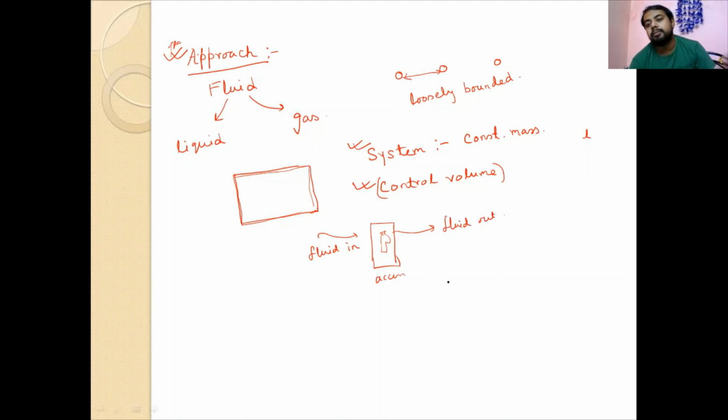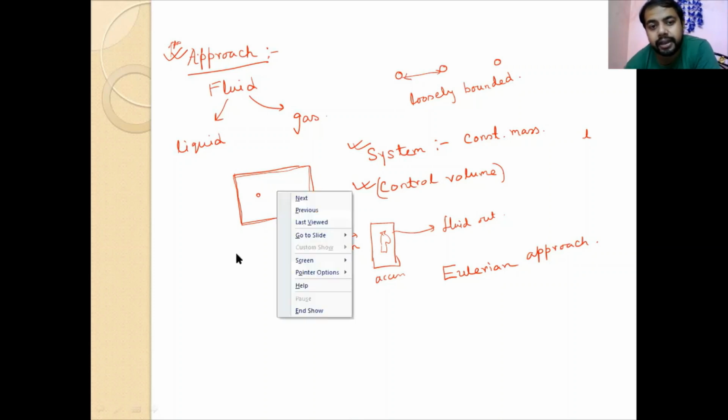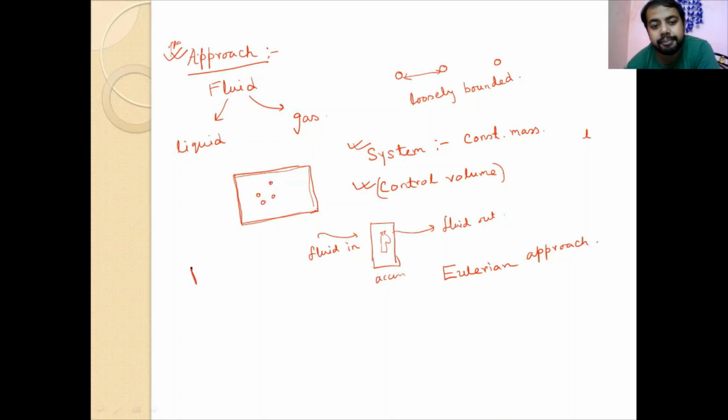An enormous number of molecules come over the volume and go out. This is the control volume approach. We'll see the details in the kinematics chapter. It is known as the Eulerian approach. Another approach is where we take one particle and trace the fluid particles, tracking them one by one. It's a particle tracking approach.